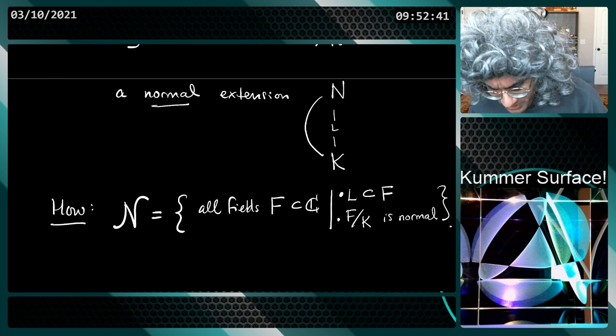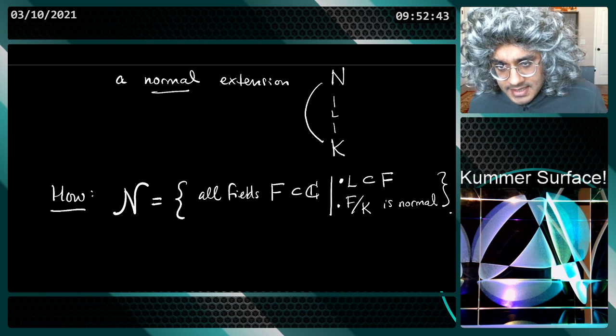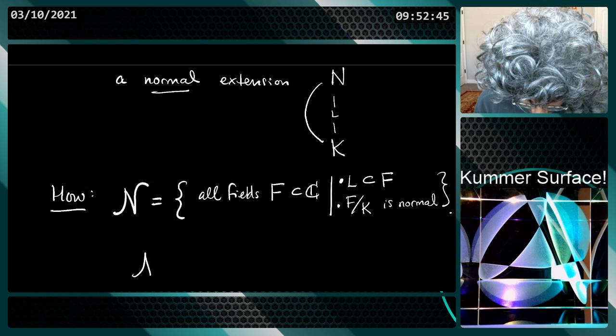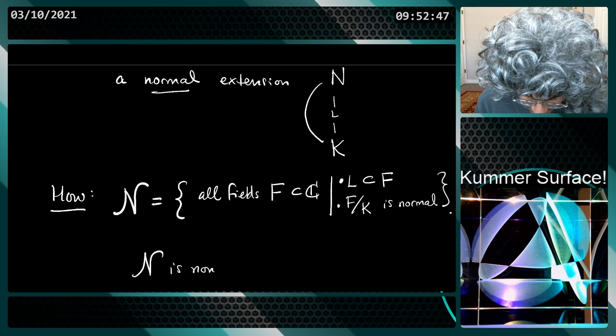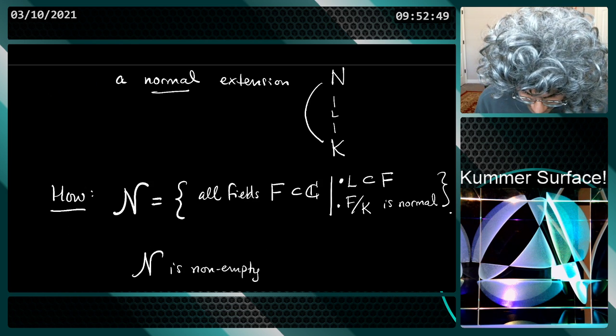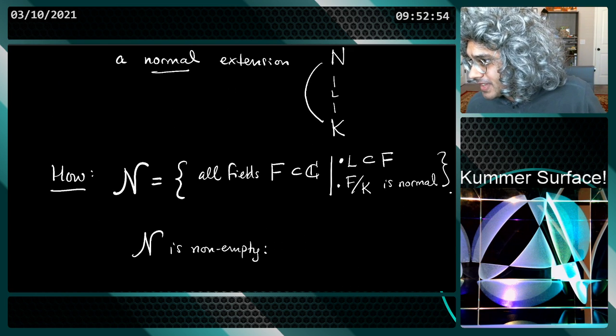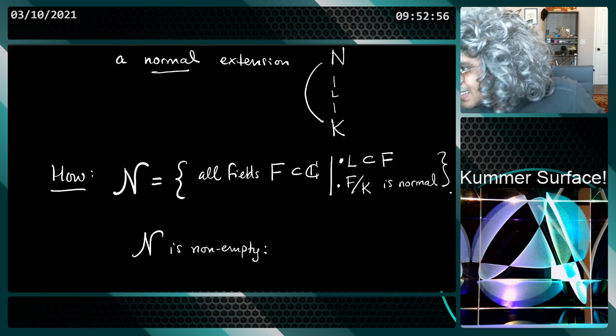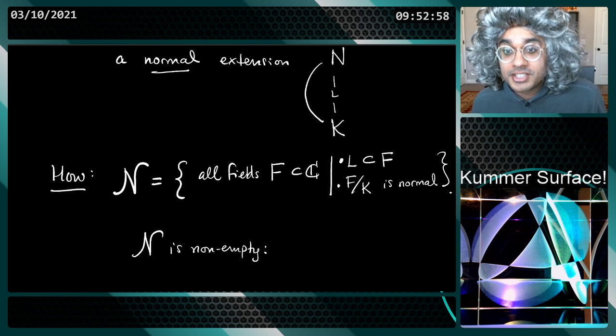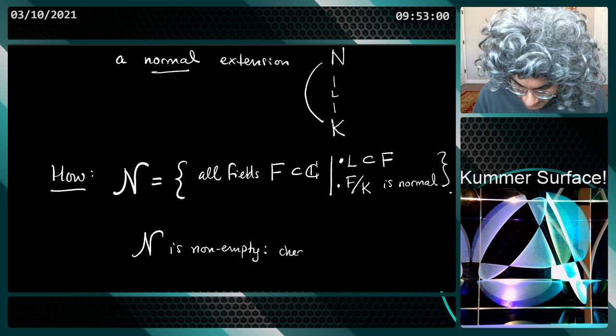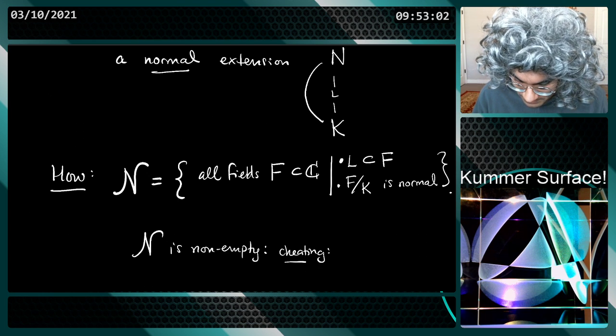Now, I want to point out that this is non-empty. And there's actually a cheating way of seeing this. Hey, Arbitrary, how's it going? Yes, procrastination. There's a cheating, Q bar.